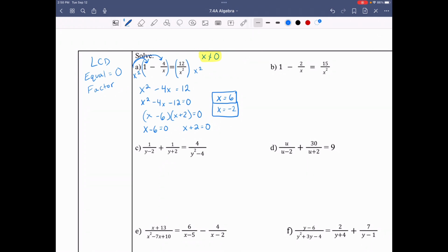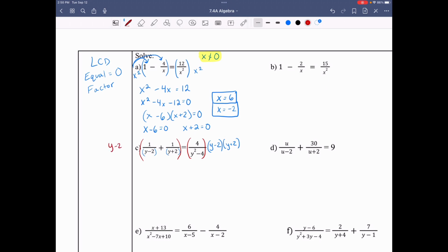Okay, looking at C, I recognize that y squared minus 4 is y minus 2 and y plus 2. And then we also have those in these denominators. So if we just multiply everything by that LCD, the denominators will clear.